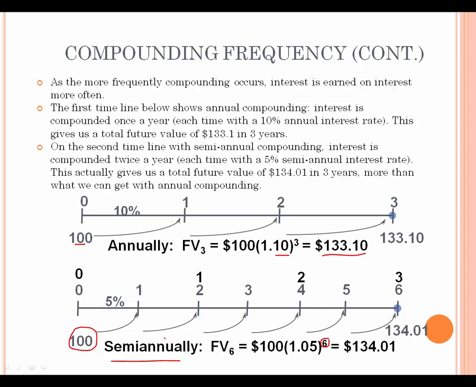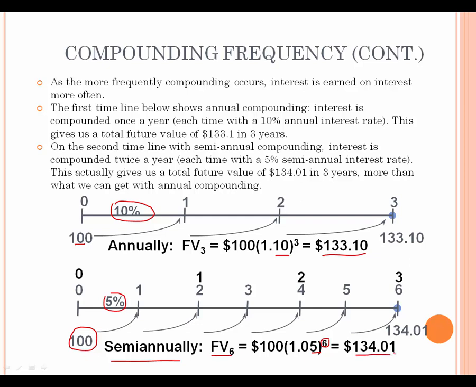And we will use a 5% semi-annual interest rate. Where is the 5% coming from? If for the whole year it's 10%, then every 6 months you will use 5%, which is half of the 10%. So 5% compounded 6 times, and the future value result will be 134.01.